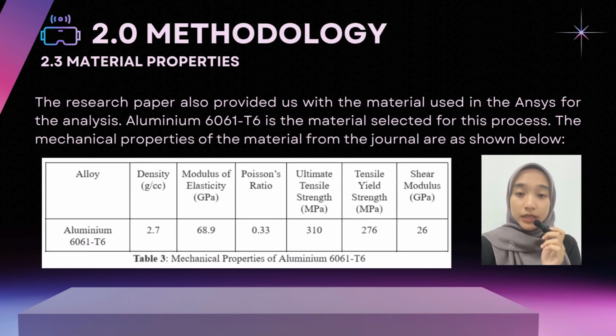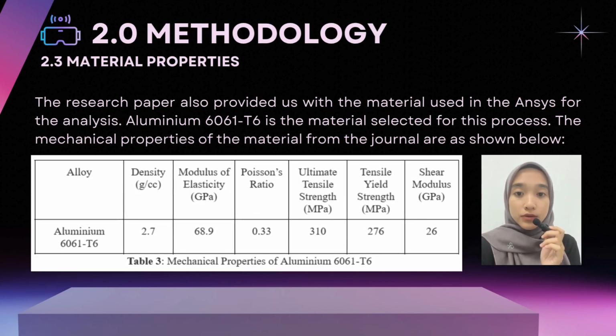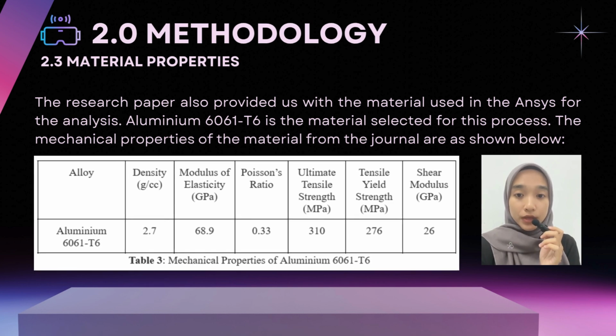Next, for the material properties, in this part, we use aluminium 6061T6 as our material. This material is commonly used in a bicycle frame because it is lightweight but still strong. The journal also used this material in their simulation, so we follow the same to get reliable result.